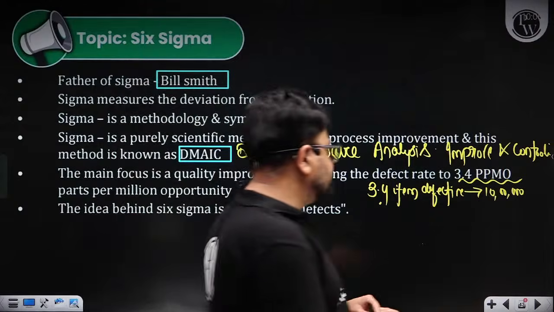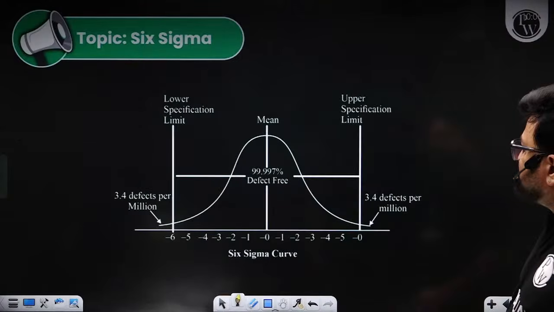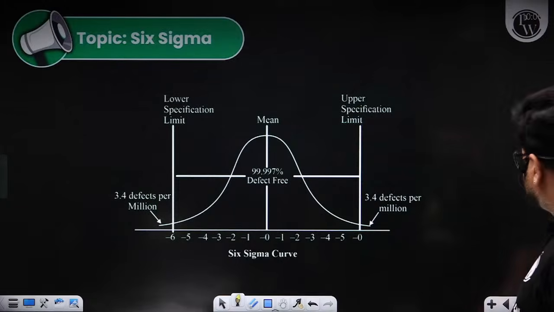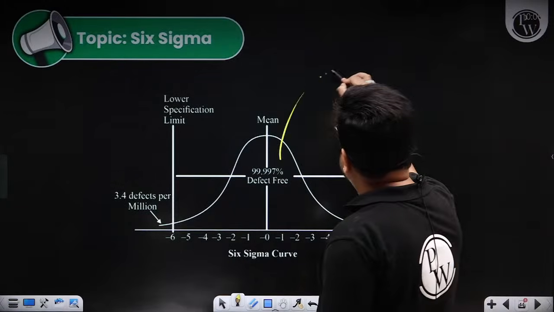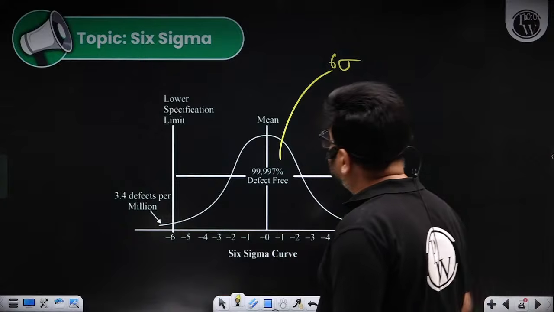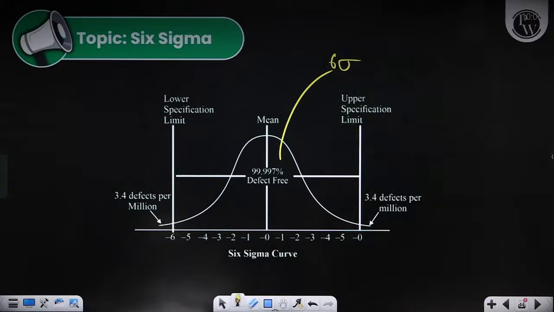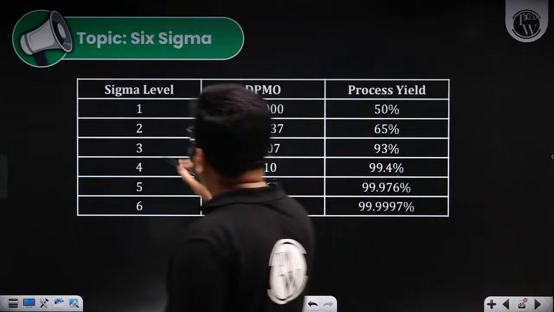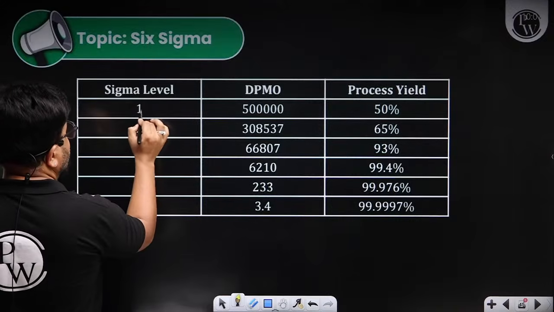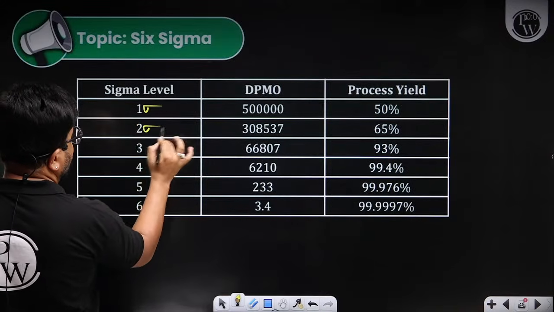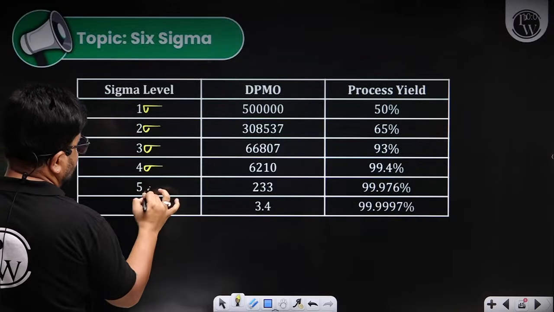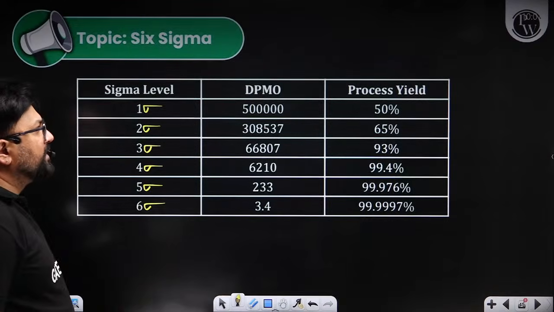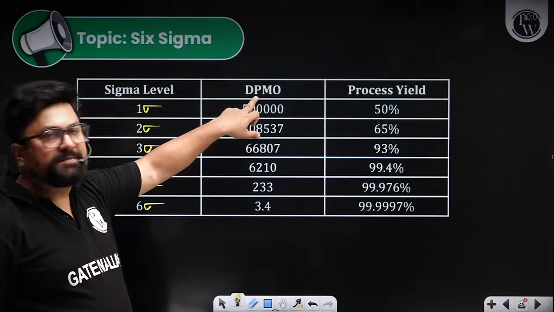Sigma means it follows a normal distribution with a variable sigma. So the meaning of Six Sigma is 99.997% defect-free items, only 3.4 items in 10 lakh samples. As you can see at the sigma levels, this is 1 sigma, this is 2 sigma, 3 sigma, 4 sigma, 5 sigma, 6 sigma. DPMO is defective parts per million opportunity.